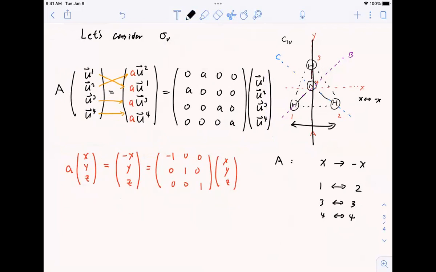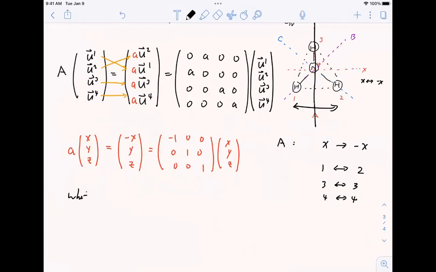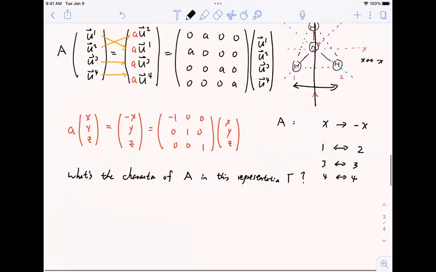So this is A. What is the character of A in this representation? Let me call this representation gamma.